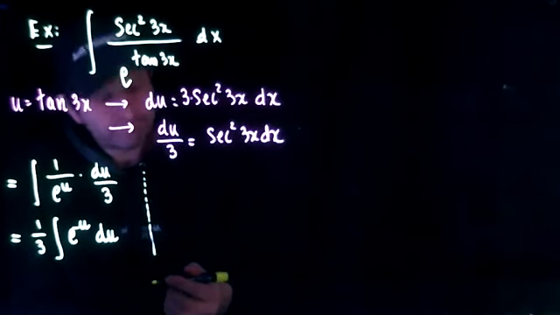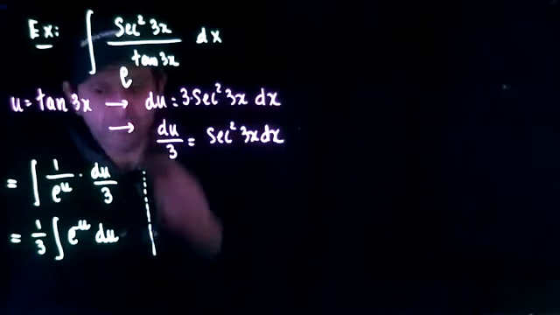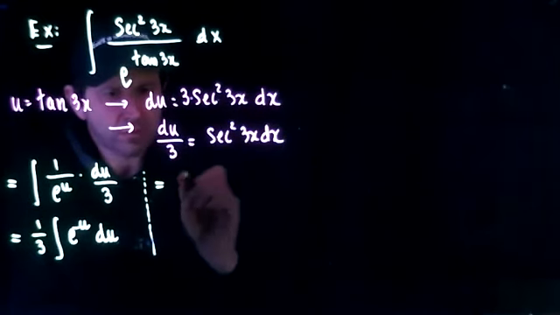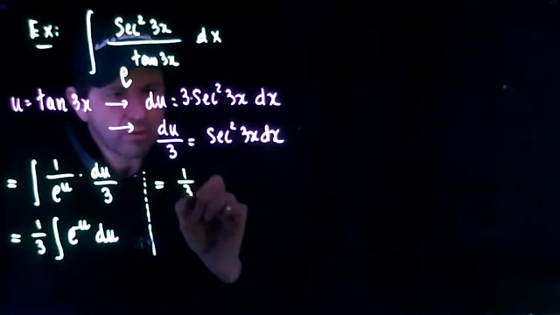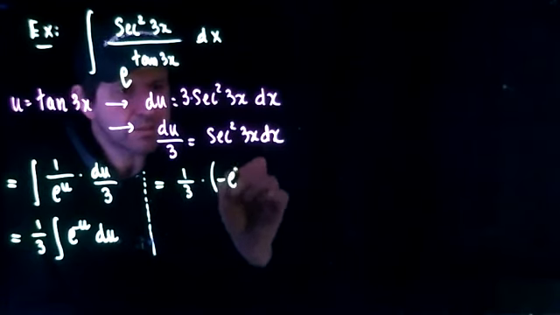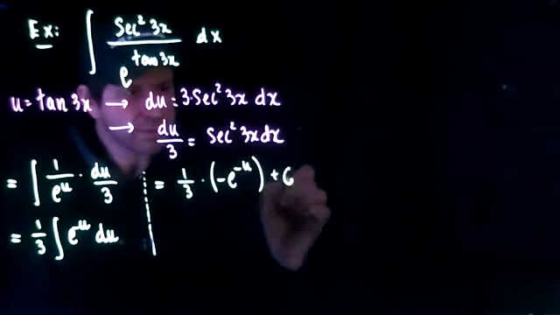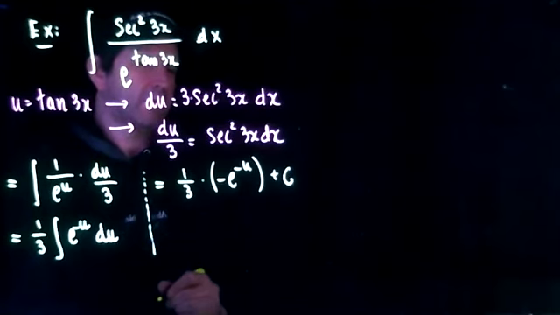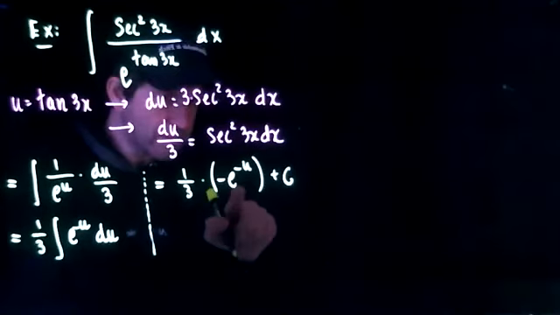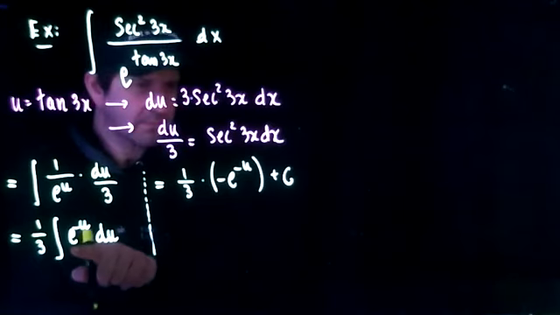Minus e to the minus u. Very good. So right away it's 1/3 times minus e to the minus u plus c.